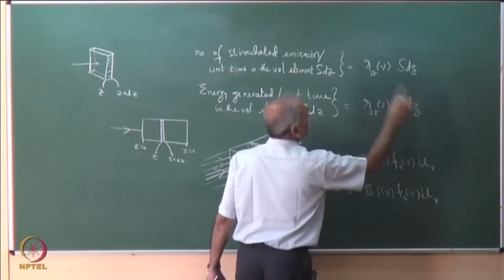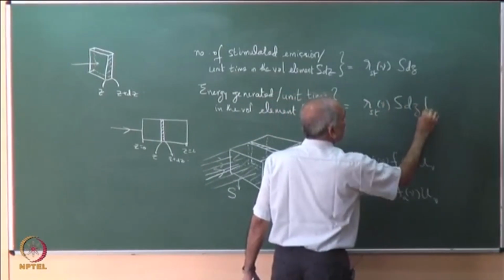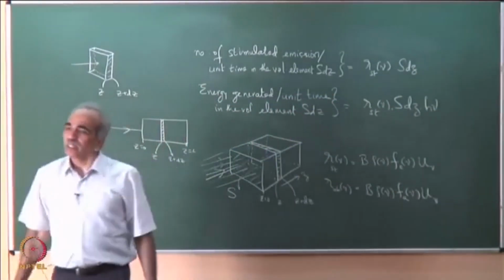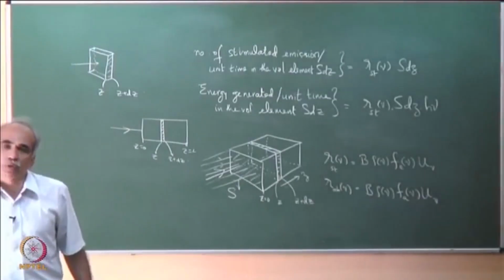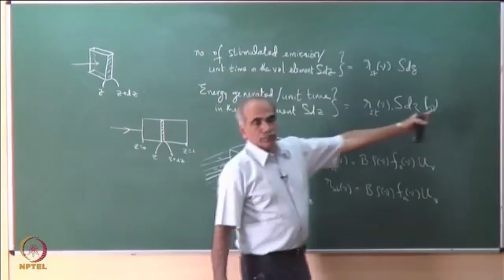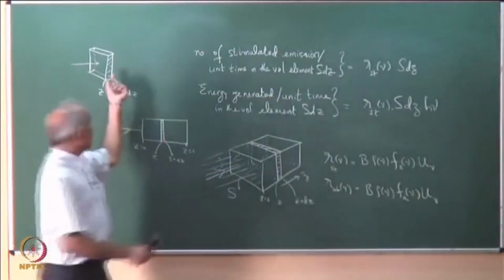This is the number of emissions, therefore the energy will be multiplied by h nu, because every emission brings down a photon of energy h nu. This is the energy generated in this volume element.